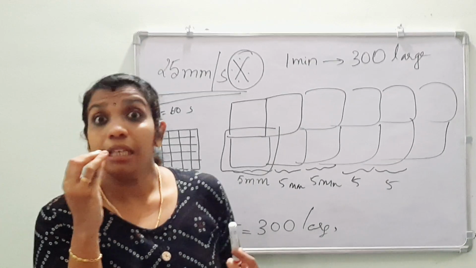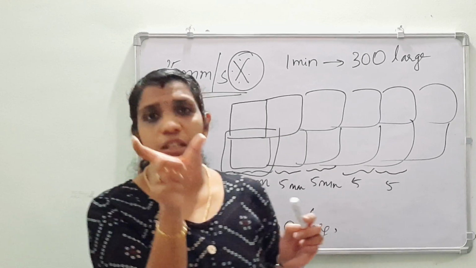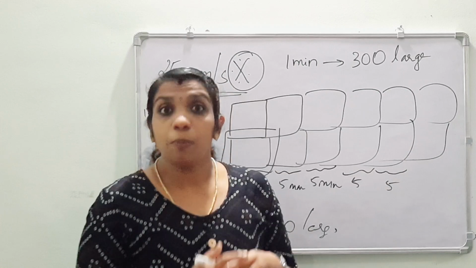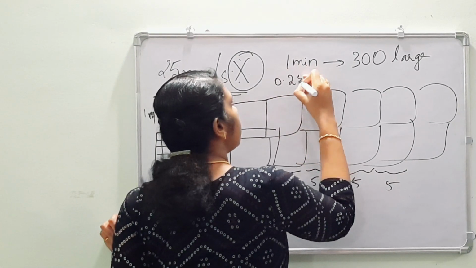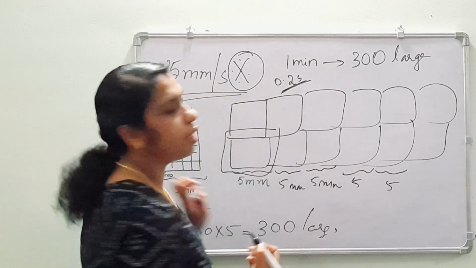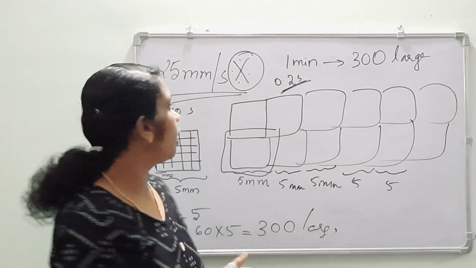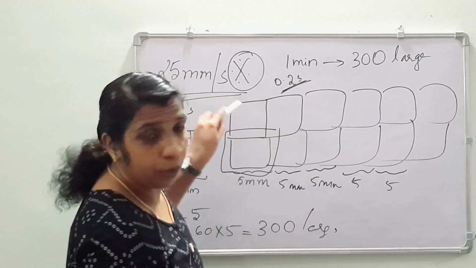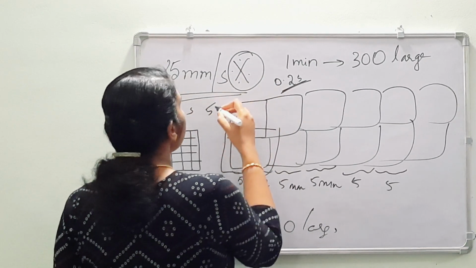Then about the time. To cover a large square, it will be taking 0.2 seconds. It covers 25 millimeter in 1 second, and 25 millimeter means 5 large squares.